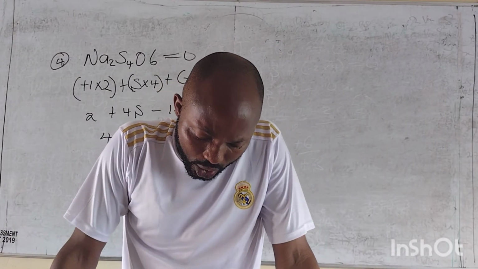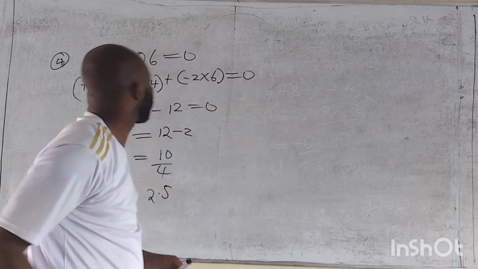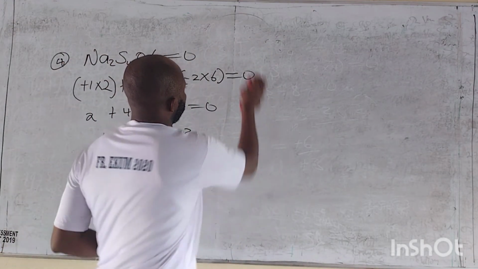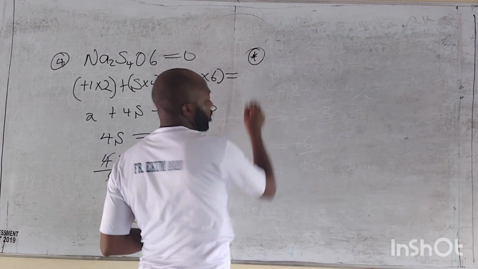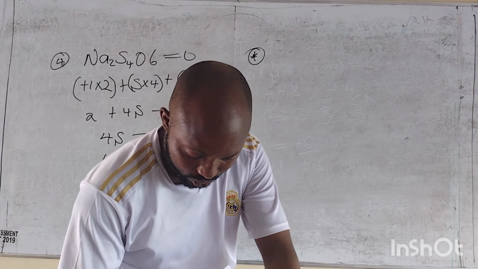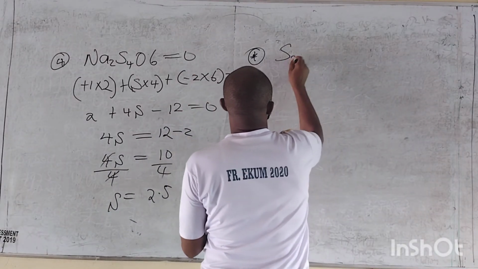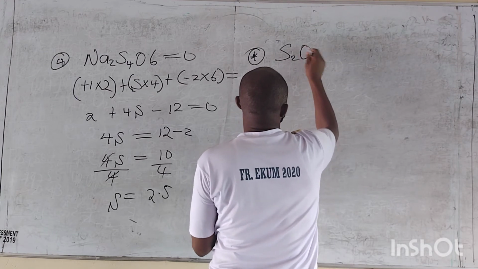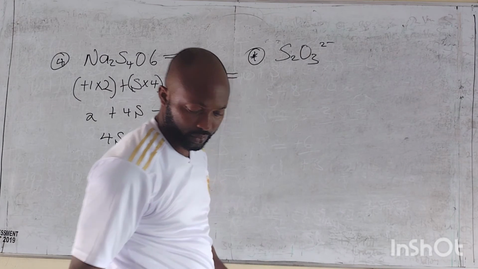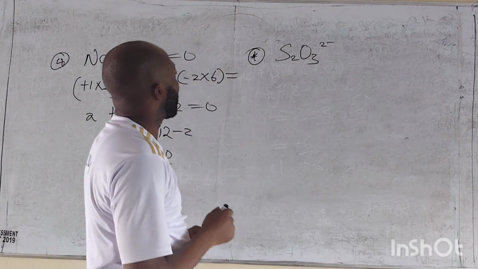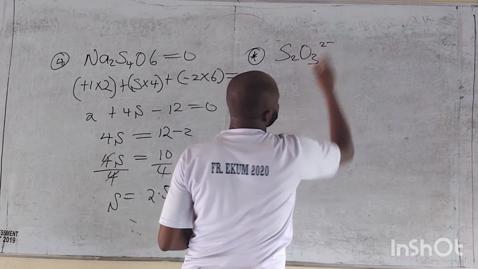Let's take another one. Calculate the oxidation number of sulfur in this compound, S2O3 2 minus. Now, we say all of this is equal to the charge, which is minus 2.